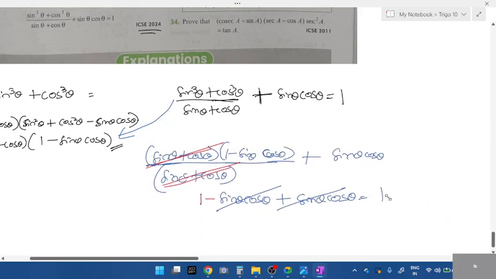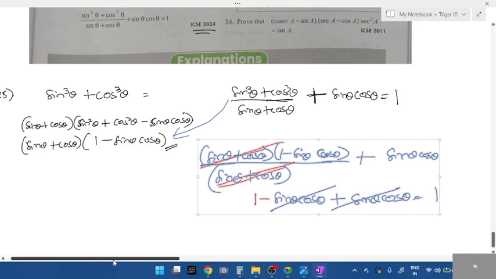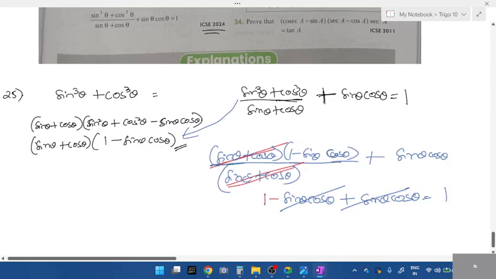So even if they don't ask us to factorize, students, whenever a cube plus b cube is given, use this method. Look at the way I've done. In place of a cube plus b cube, substitute the value.